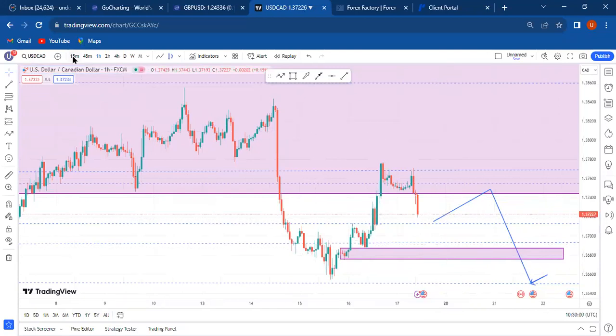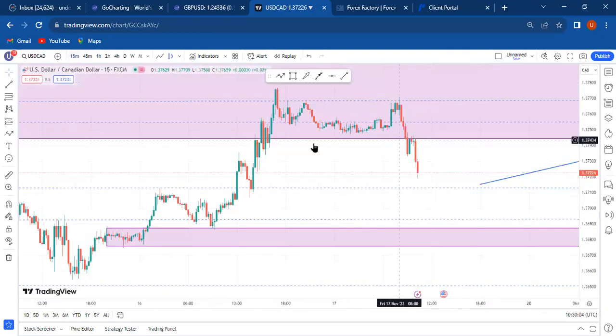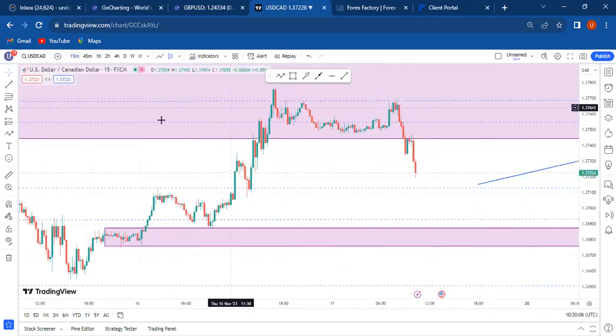Okay, so that is that on USD CAD. You can see we have another rejection here. So for us to enter, I would love to see another retest here.